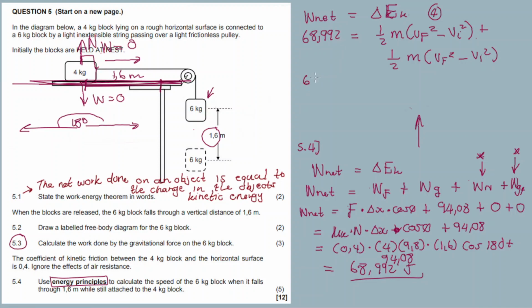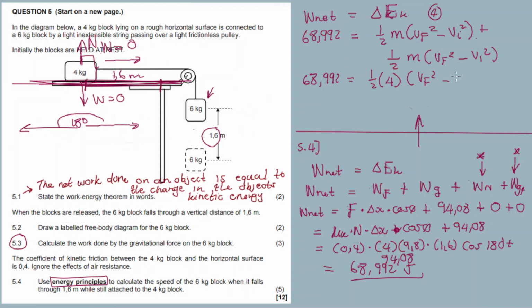So the net work done is 68,992. So 68,992 is equal to 1/2 for the 4 kg block, open bracket, final velocity, which I don't know, I want it. The final velocity is actually the speed of the 6 kg block when it falls through the height, so that's the final velocity.